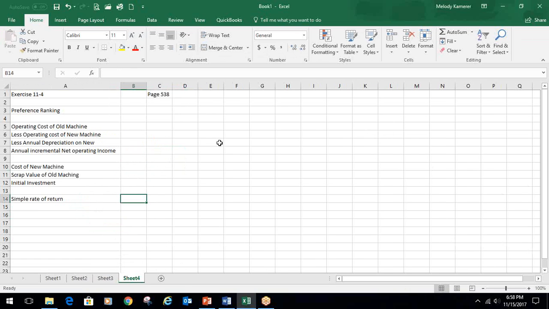Okay, now let's look at exercise 11-4. This exercise is looking at simple rate of return. I have the wrong title on this page, so we'll fix that.